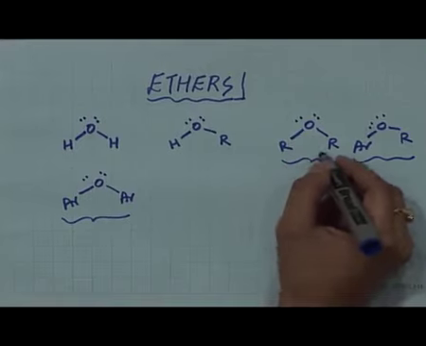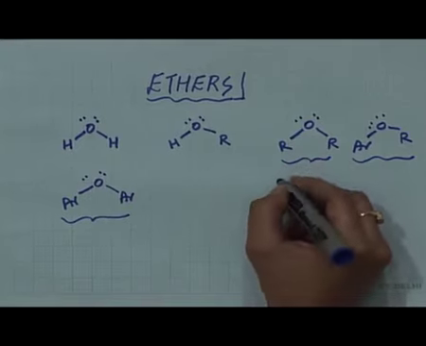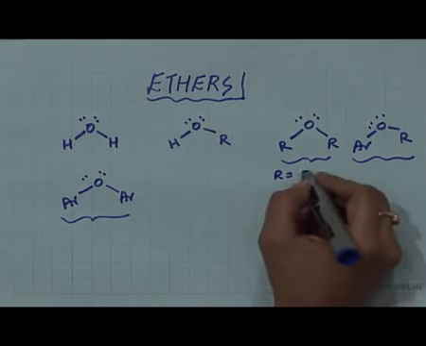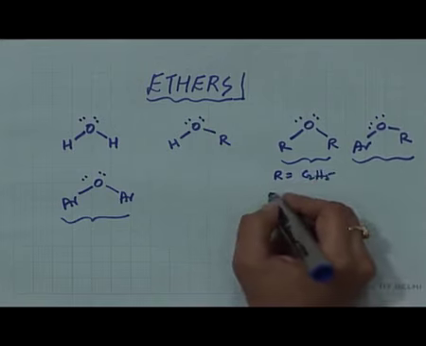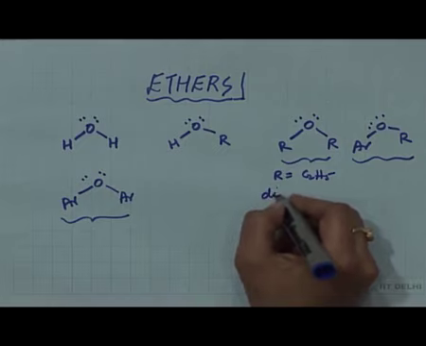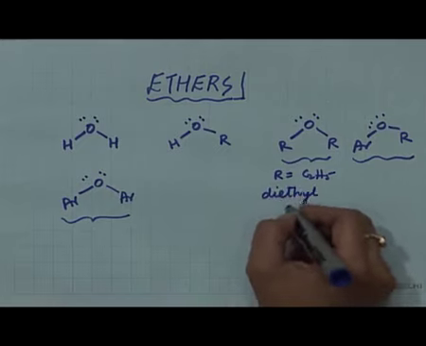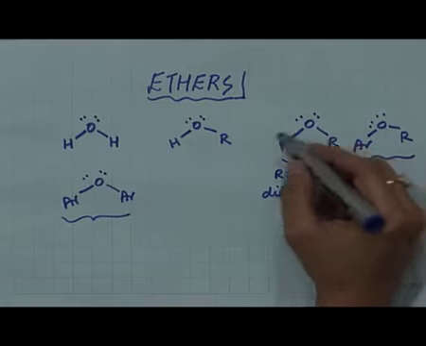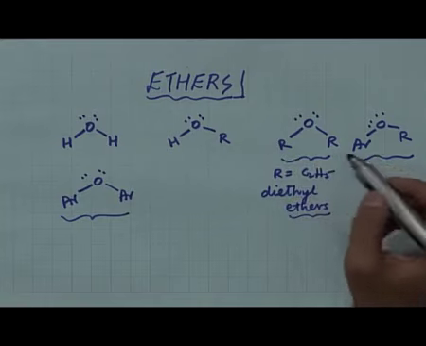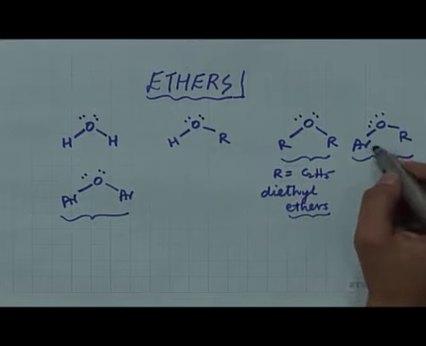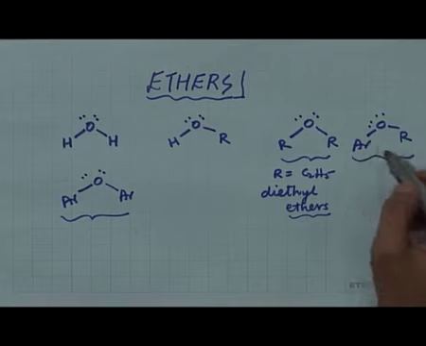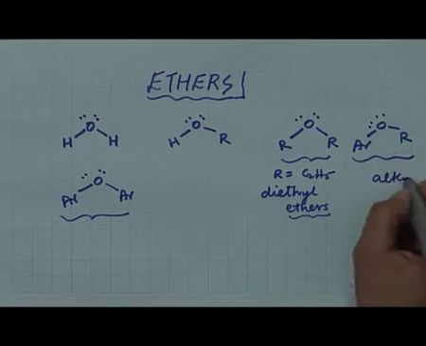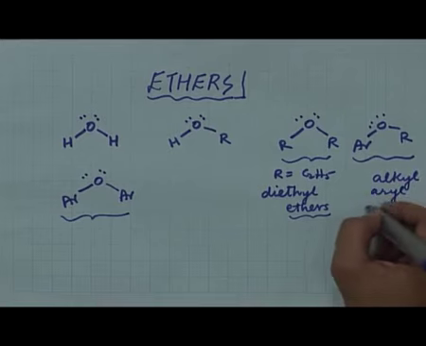If it is substitution by dialkyl, you call it a dialkyl ether. For example, if R is an ethyl group, you call it ethyl ether or diethyl ether. These are a new class of functionalities in which the hydrogens of water have been replaced by R. If you replace one of the hydrogens by an aryl group, it becomes an alkyl aryl ether.